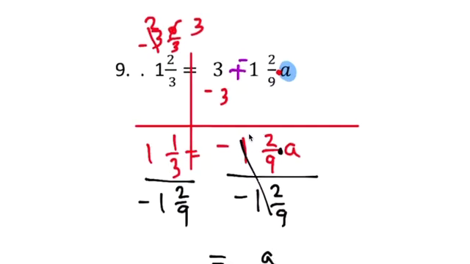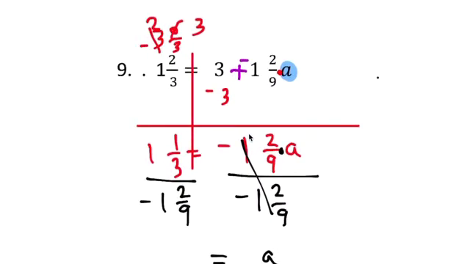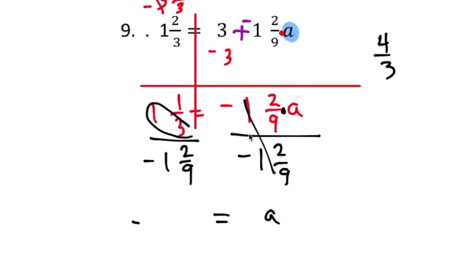And the top number, remember, always goes first. So it's 4 over 3. Your answer will be a negative because a negative divided by a positive, or positive by a negative, is negative. Divide that by the second number, which is 9 plus 2, which is 11 over 9.